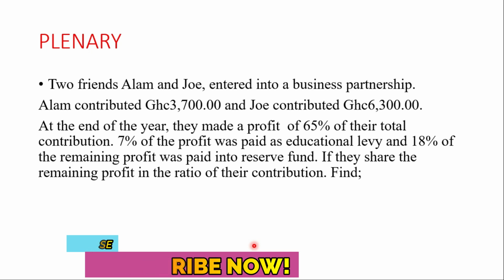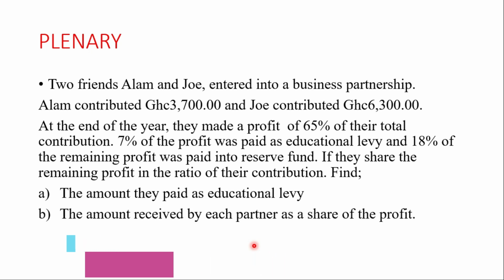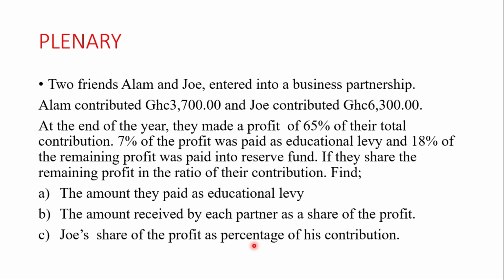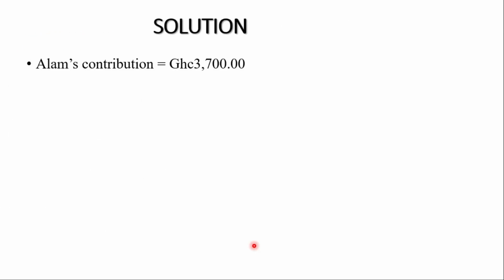If they share the remaining profit in the ratio of their contribution, find the amount they paid as educational levy, the amount received by each partner as a share of the profit, and then Jill's share of the profit as a percentage of his contribution. As a percentage of what? His contribution, not the total outcome, but his own contribution. Now let's take the solution.